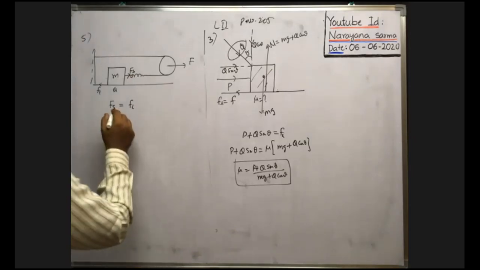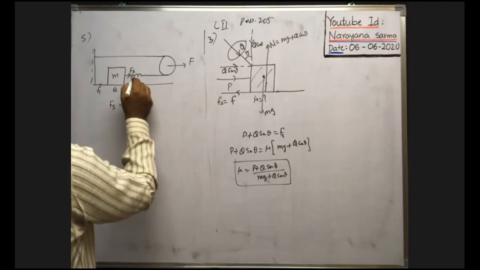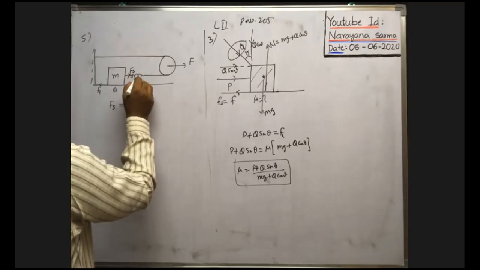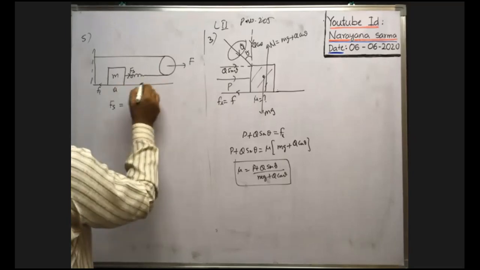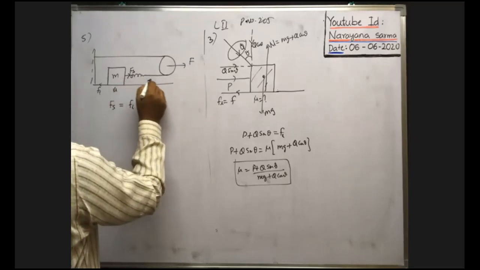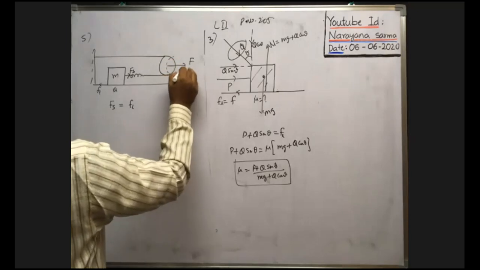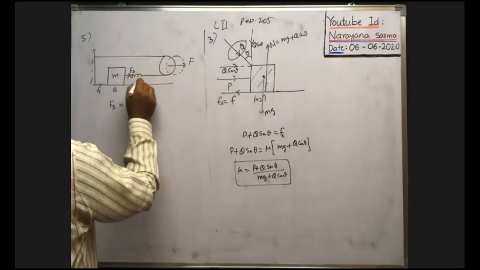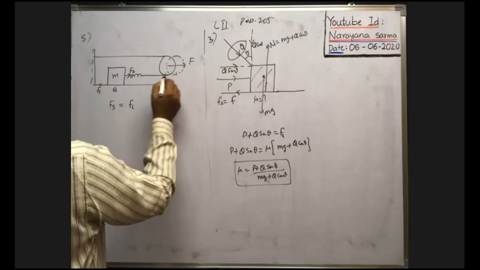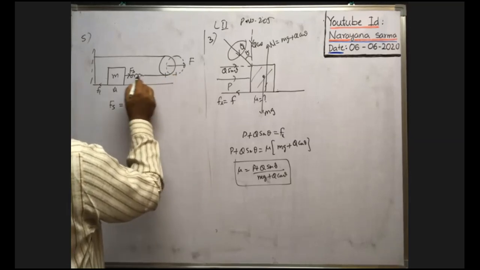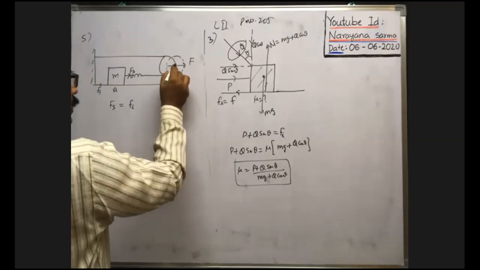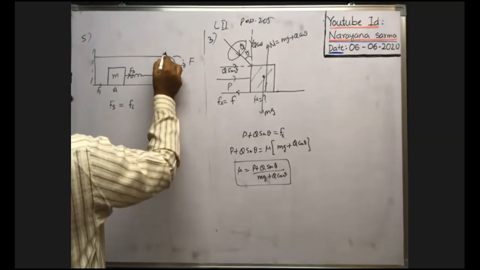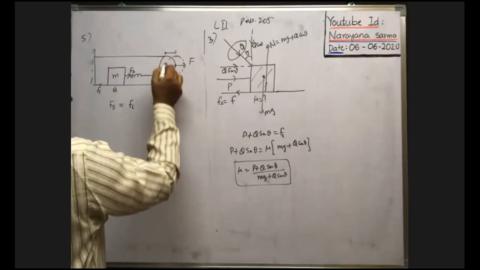Suppose at this time, whenever the spring force is Fs, which is equal to FL, the extension of the spring is say X. Because of the extension of the spring, extra length is increased in the string.